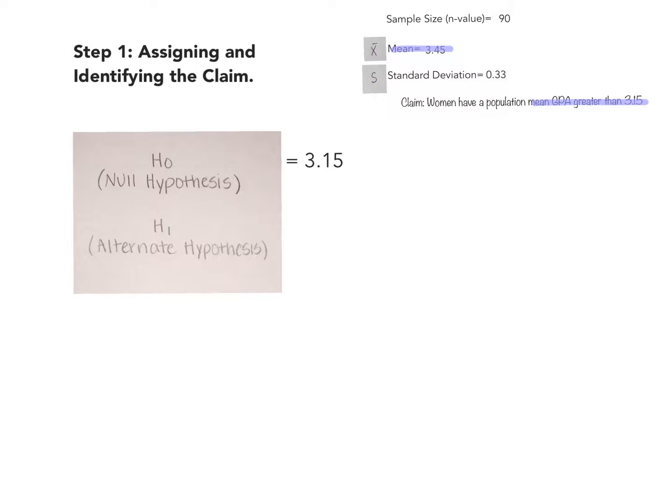The alternate hypothesis, or H1, will either be a greater than symbol or a less than symbol, and is also being compared to the population mean. It looks like this. We can see that our claim is not trying to prove that the population mean is equal to 3.15, so therefore, our claim is the alternate hypothesis, or H1.